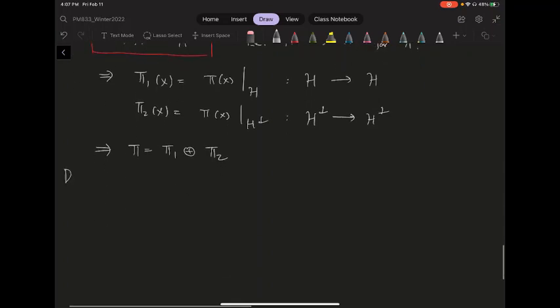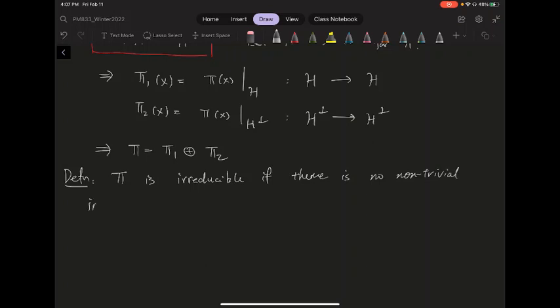So now let's give it a definition. If you can't decompose it non-trivially, then we call it irreducible. So we say pi is irreducible if there is no non-trivial invariant subspace, where non-trivial means either 0 or the entire space.